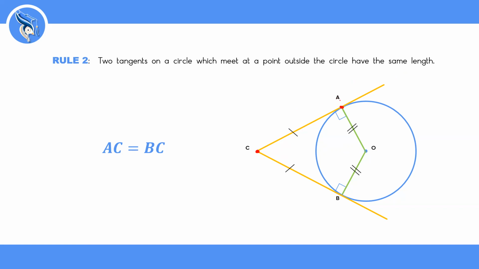So if you're supposed to move from point A to C, and let's say that is 5 centimeters long, then from B to C, seeing that they both end at point C, is 5 centimeters as well. So the indication that these lines are equal can sometimes be shown by some lines looking like this.